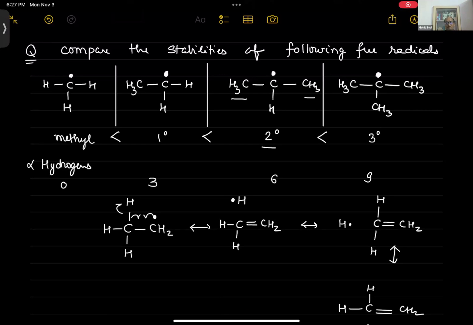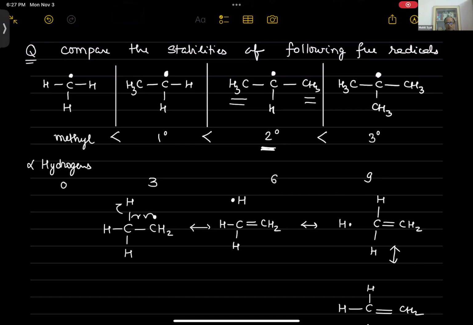There's CH3 and CH3. I'm talking about the 6. So 6 hyperconjugation structures are there. So this is going to be more stable than the previous one. Is it clear? I thought you were asking about the below picture. No, not this one. I was asking for secondary.